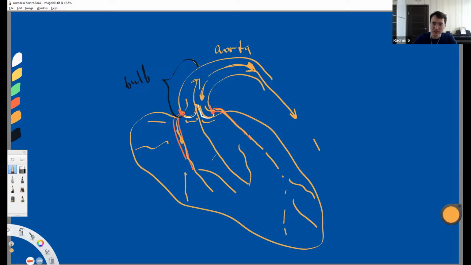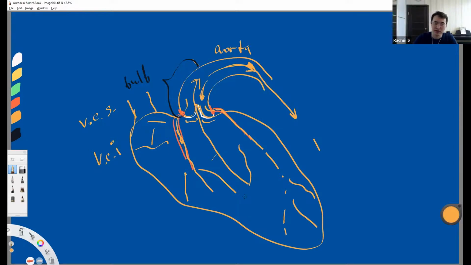Then it is collected by the venules, then gets to the venous system of the heart, the venous sinus, and is opened directly into the vena cava. So we have the vena cava superior here and the vena cava inferior here. Inferior means the one that is below, superior means the one that is above.